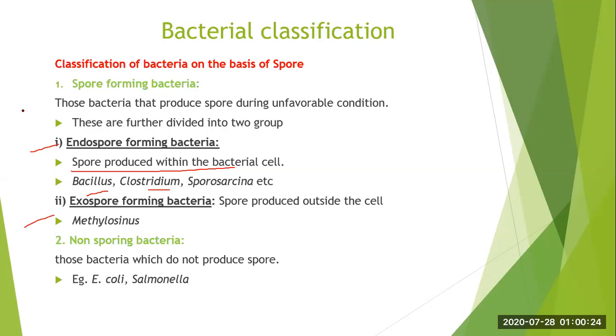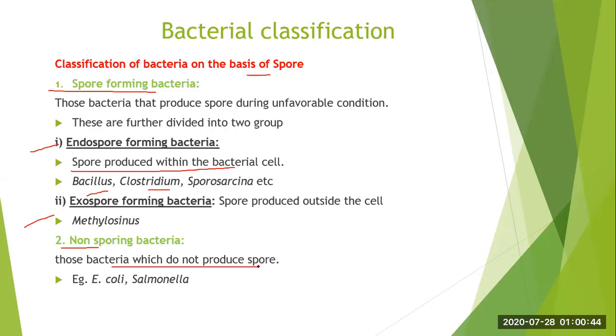Without that, we can also have non-spore-forming bacteria. That means when we classify bacteria on the basis of spores, there are two kinds: spore-forming and non-spore-forming, and spore-forming can be divided into endospore and exospore. Non-spore-forming bacteria do not produce a spore, like all other bacteria.